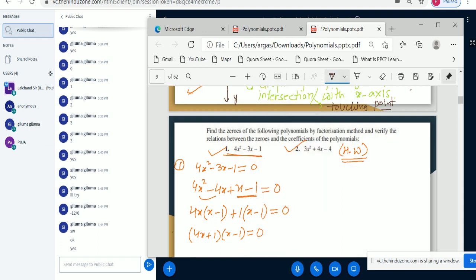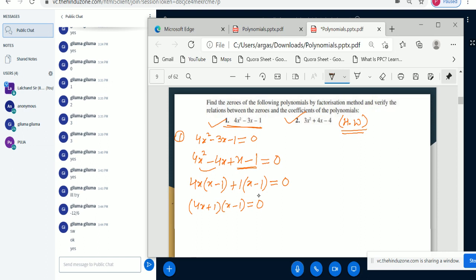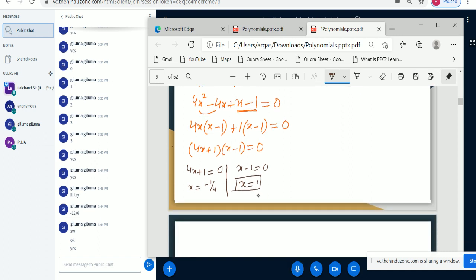Now, if I solve one by one, for the first factor, 4x plus 1 equal to 0, the value of x is equal to minus 1 by 4. For the second factor, x minus 1 equal to 0, the value of x is equal to 1. These are our zeros of the polynomial.